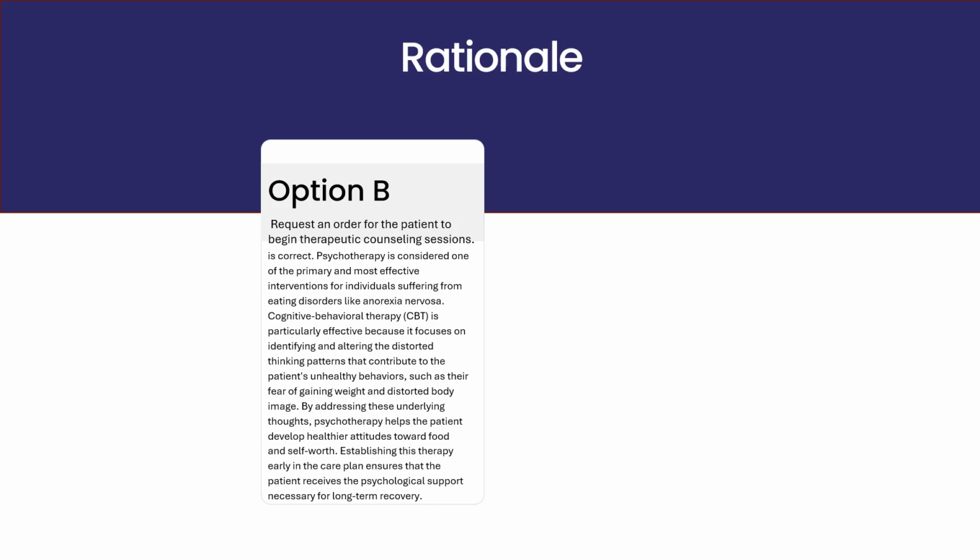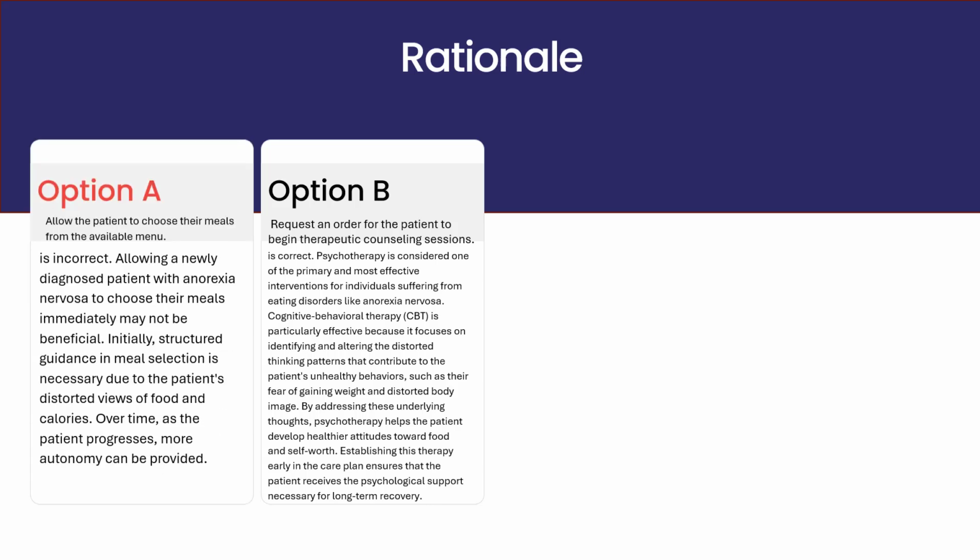By addressing these underlying thoughts, psychotherapy helps the patient develop healthier attitudes toward food and self-worth. Establishing this therapy early in the care plan ensures that the patient receives the psychological support necessary for long-term recovery.